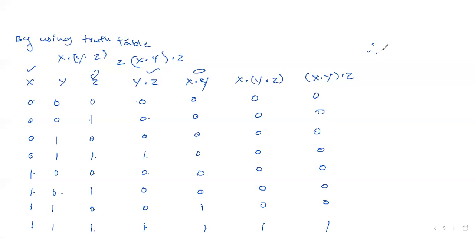So therefore by observing this X and Y and Z column and X and Y and Z column, both values are the same, because of that we can say this has been proved.